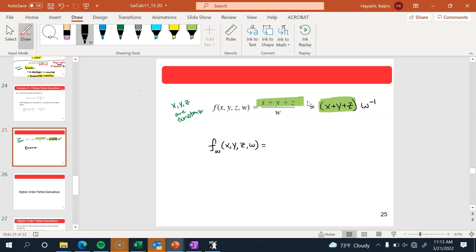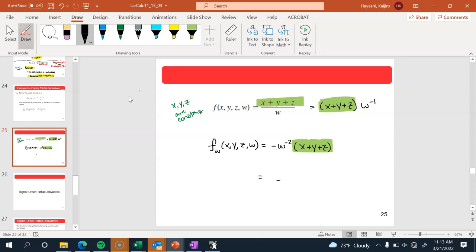So the derivative with respect to w is just the power rule. You take that -1, you throw it in front, decrease the power by 1, and that constant just gets to stay along for the ride as w actually does the work of changing.